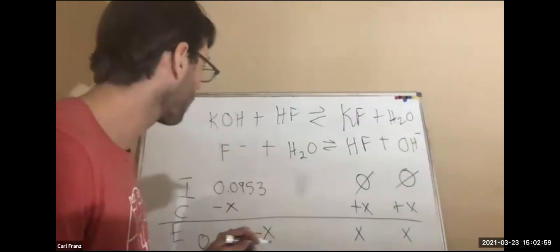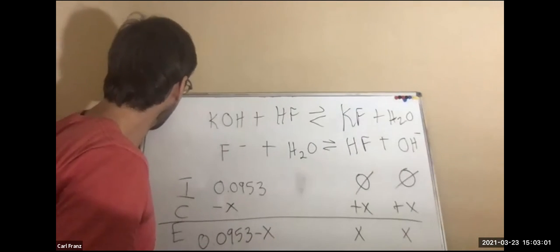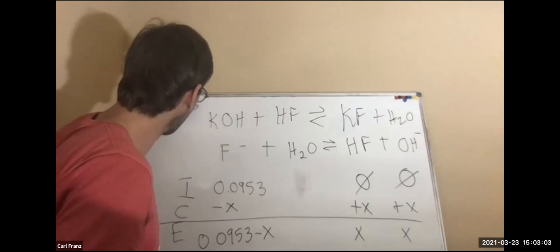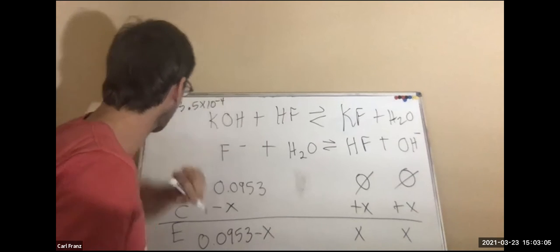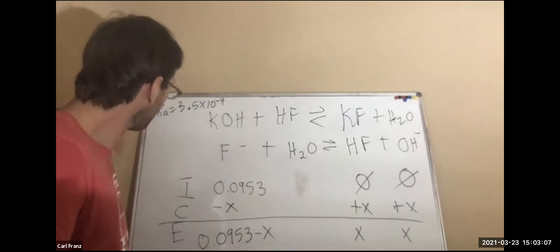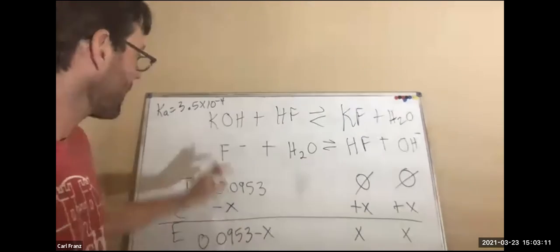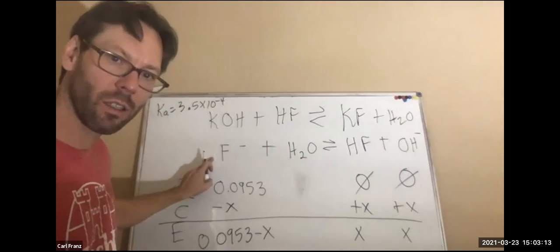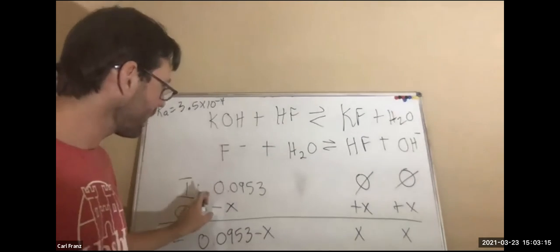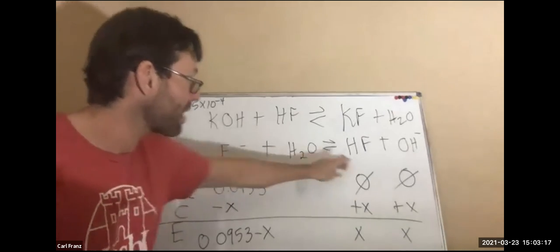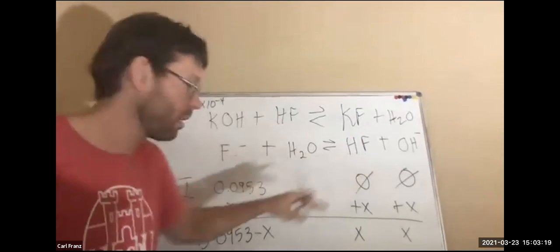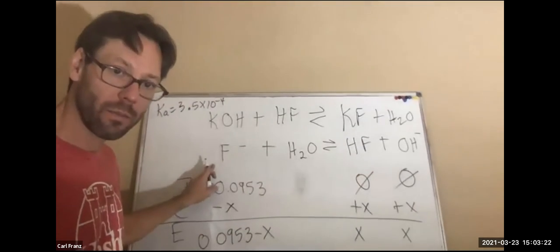I've got 3.5 times 10 to the negative 4. Okay, Ka equals 3.5 times 10 to the negative 4. But now this is the conjugate base. We're using the initial concentration not of the acid. This is the acid here, so it's the conjugate base.